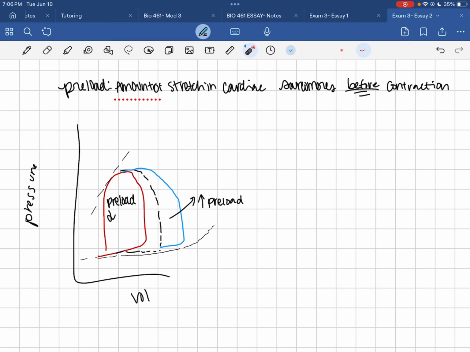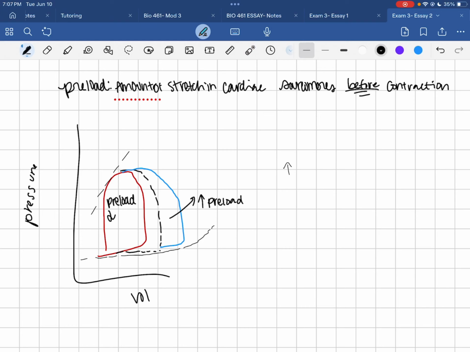This is our inotropic line, which again is the force of contraction. You don't need a lot of contraction here because there's a decrease in blood. Right here you have an increase in preload, which means more blood filling the ventricles, causing an increase in pressure and volume as well.